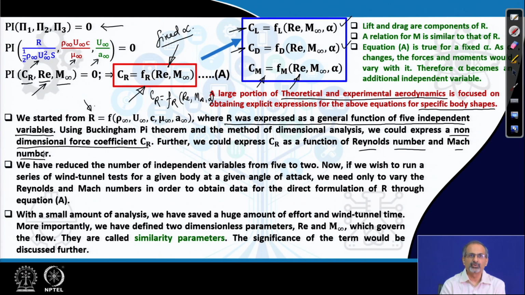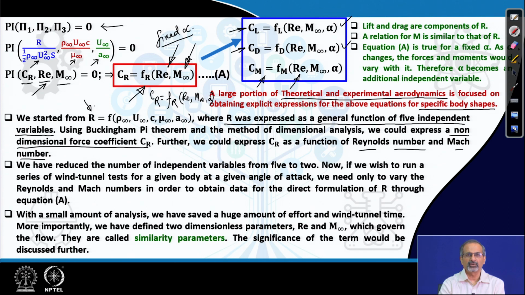Now, if we wish to run a series of internal tests for a given body like the airfoil at a given angle of attack, we need only to vary the Reynolds number and Mach number in order to obtain the data for the direct formulation of R through this equation. So, we have simplified the problem dramatically by making use of this theorem.